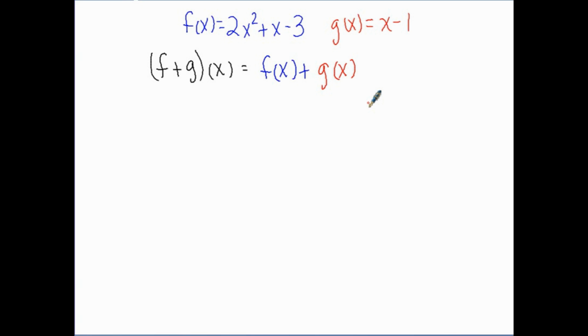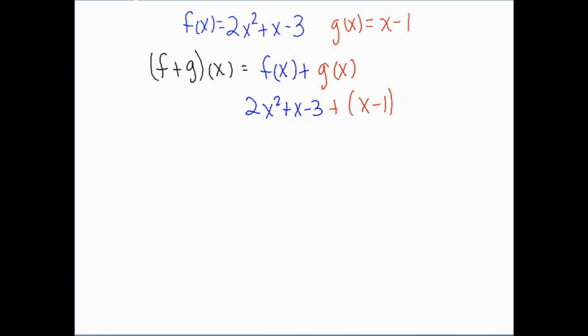So when I get this, I'm taking my f of x function, so 2x squared plus x minus 3, I'm going to write that down. And then we're going to add the g of x function, the x minus 1.